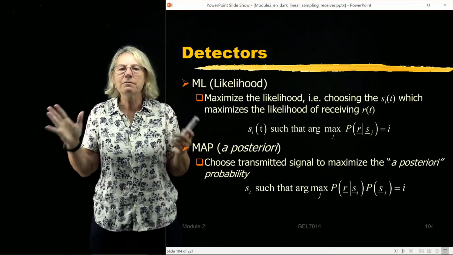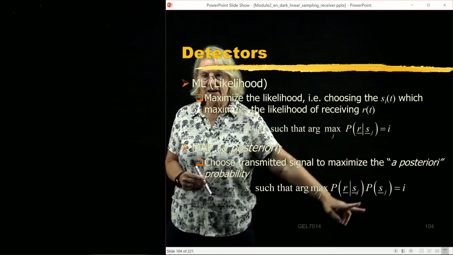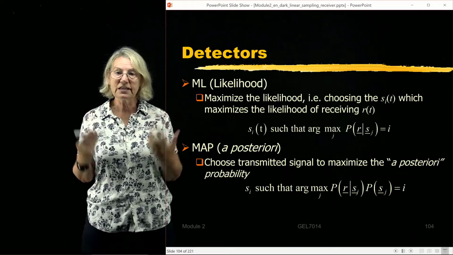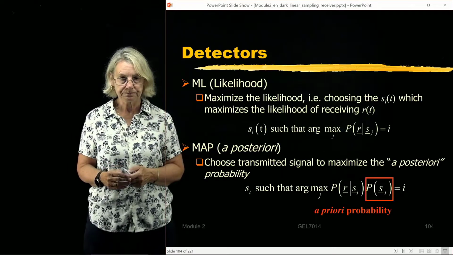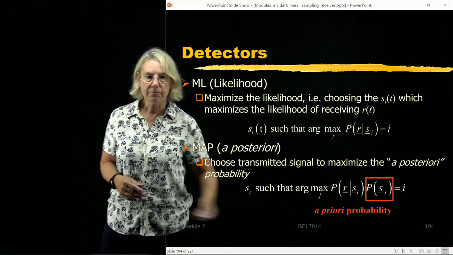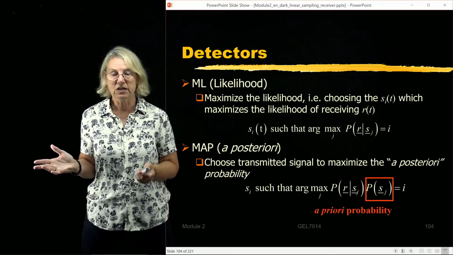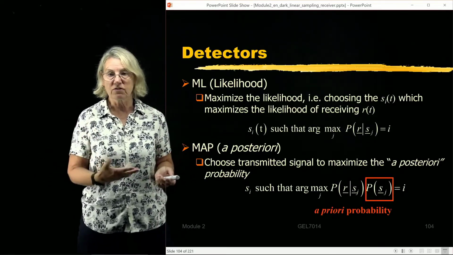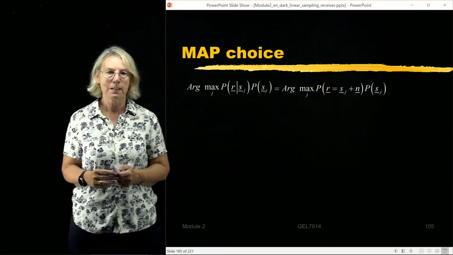It's the same strategy, just that our probability densities are more involved because they are probability density functions of vectors rather than of scalars. Remember, this is the a priori probability, the same one we saw previously. That's not more complex because we're working with a vector; it's just the probability of each one of those vectors.